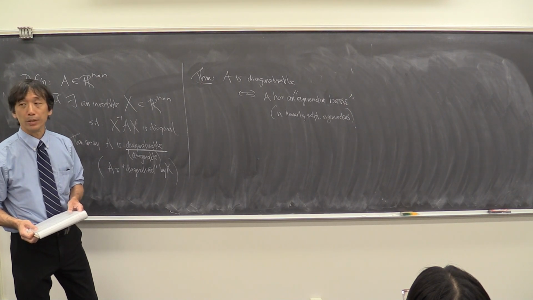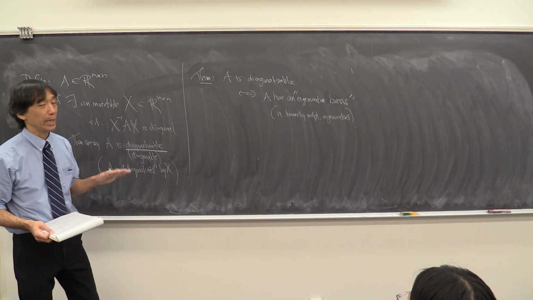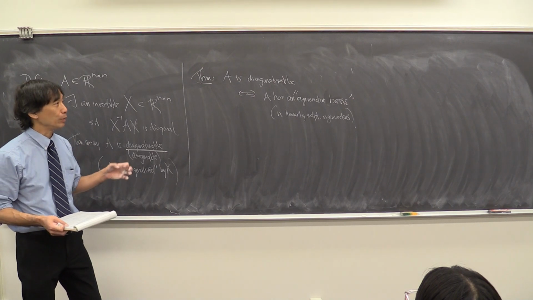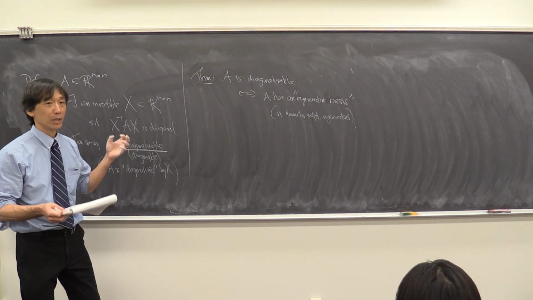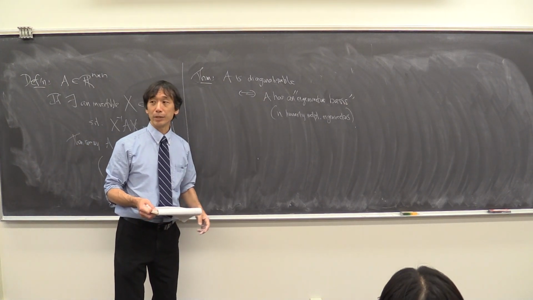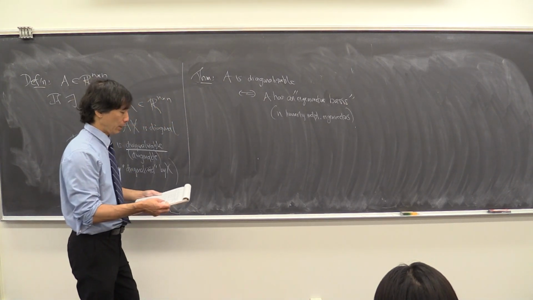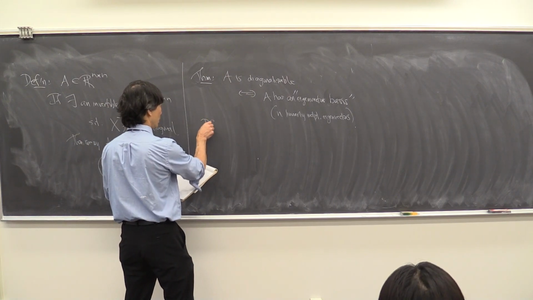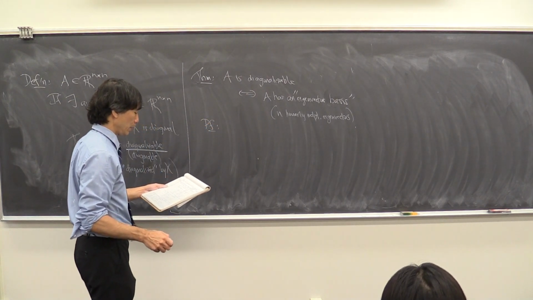So A is diagonalizable if and only if you can find a basis that consists entirely of eigenvectors of A. Let's do the proof of this.